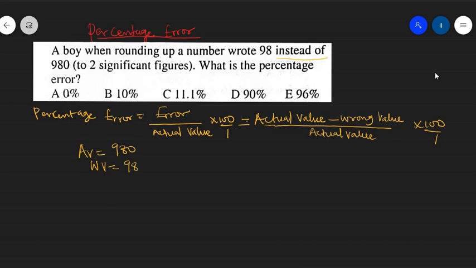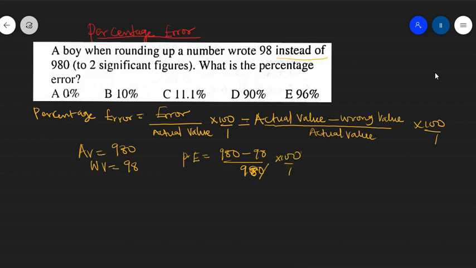If you factor the difference between the two, it's going to give you the percentage error, PE, which is equal to 980 minus 98 over 980, which is the correct value, times 100 over 1.